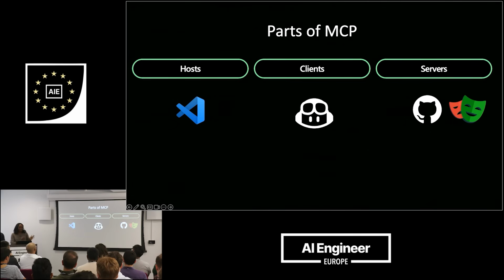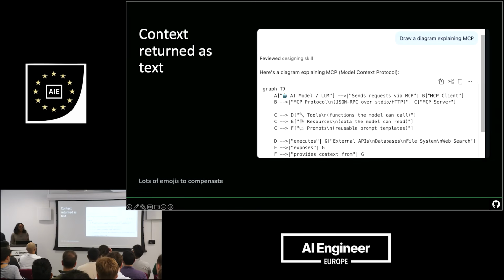When MCP was first released, one of the downsides was that it would pretty much only return text. So if someone was going to ask a question, like in this case, I would ask it to draw an image, a diagram explaining what MCP is.